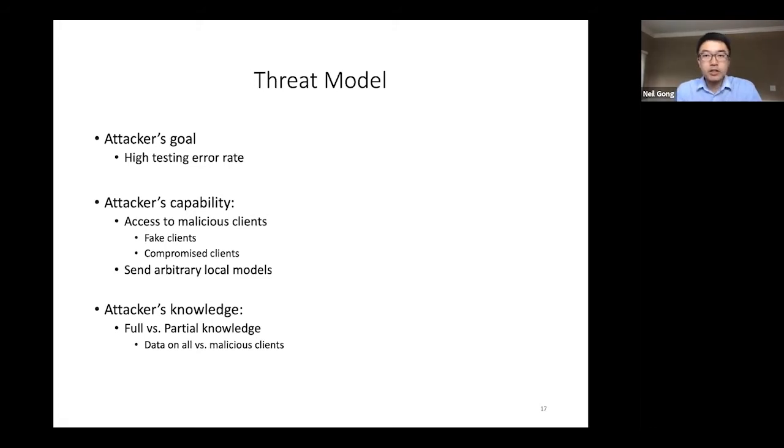As you can imagine, the full knowledge scenario may be unrealistic in practice. So we use this full knowledge scenario to estimate the upper bound of our attack's threat. The attacker may or may not know the aggregation rule used by the server.